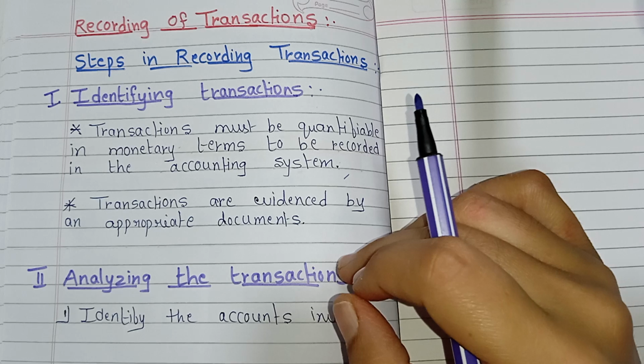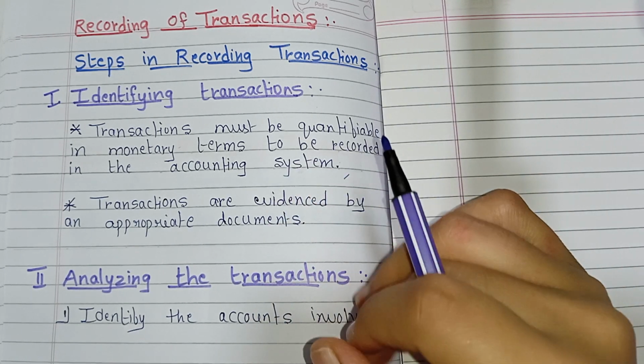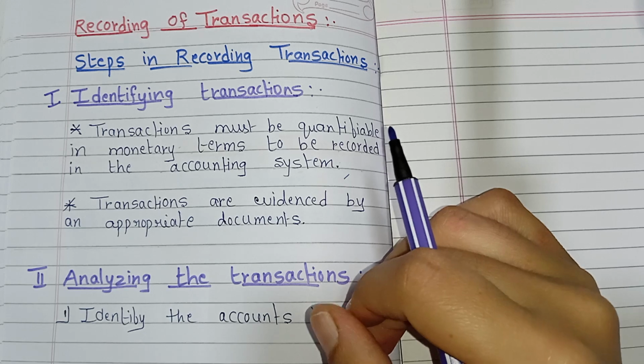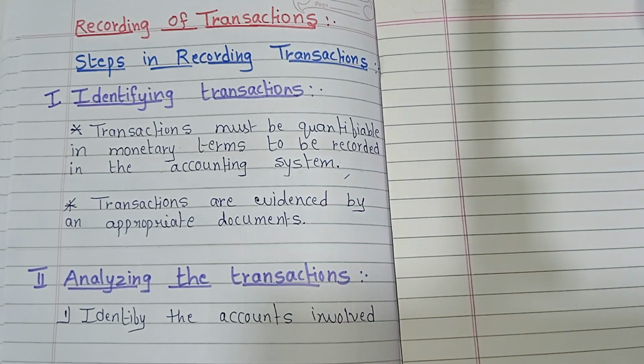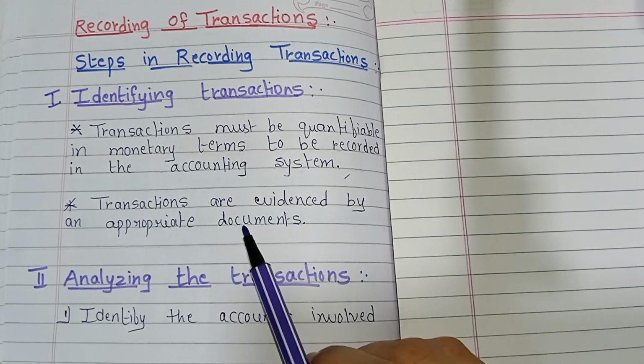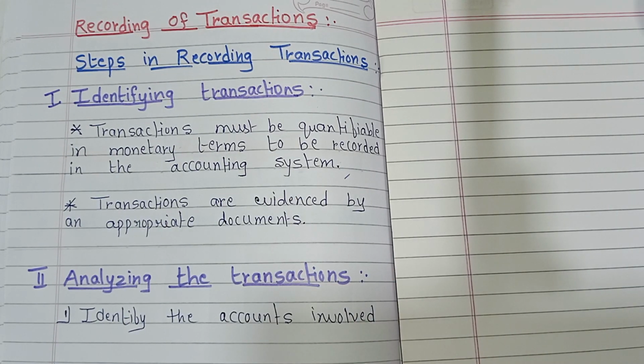A document which provides evidence of the transaction is called the source document or voucher. This is about the first step, that is identifying the transactions.